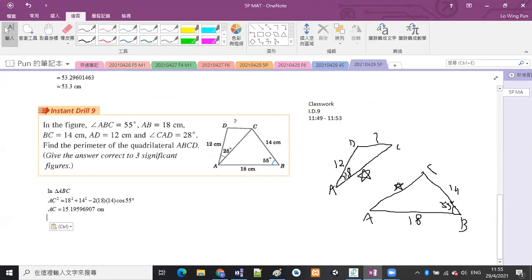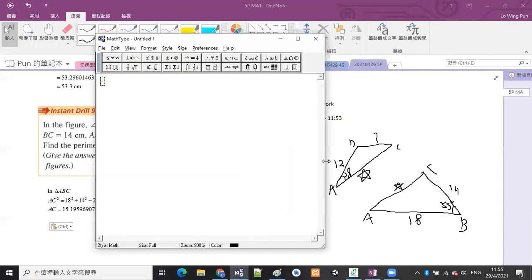Because now we have length, angle, length. We have three pieces of information now, but they do not form any corresponding length and angle. So again, we use the cosine formula to find DC.